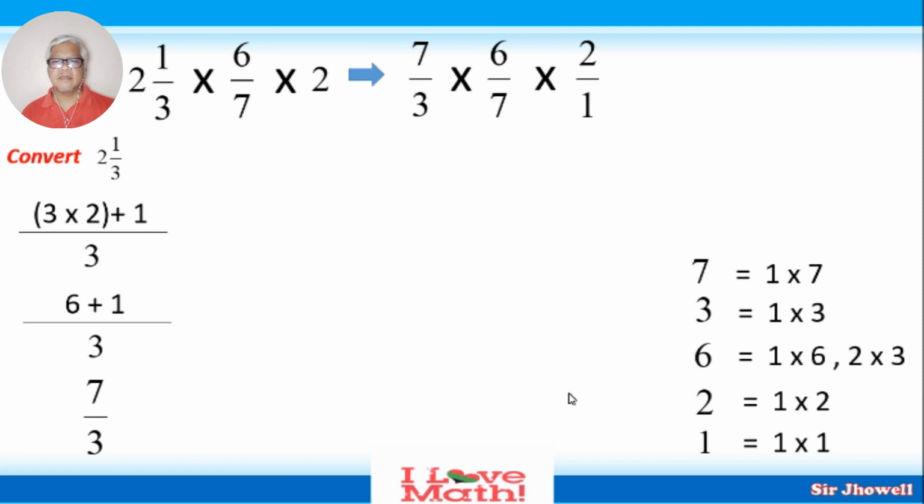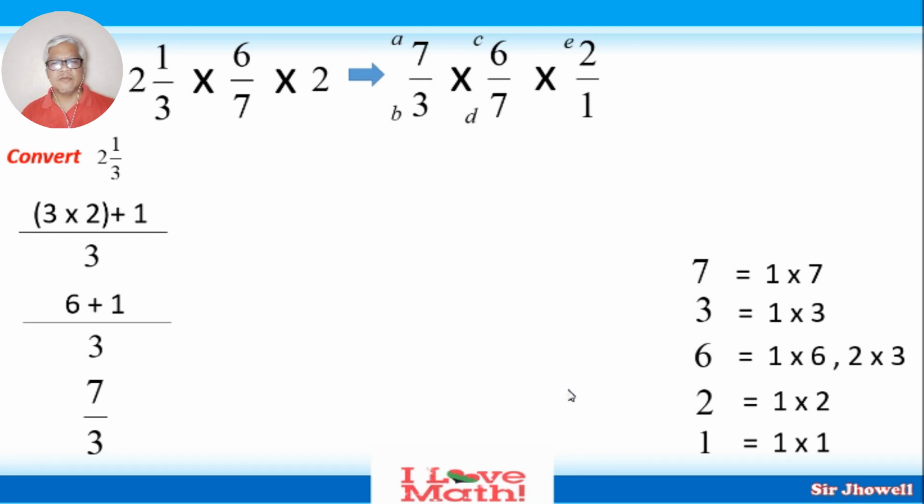Okay? Now, tingnan natin. Ilan yung given fractions sa problem? 3. So, ibig sabihin, hindi na lang ito A, B, C, D, kundi magkakaroon na rin tayo ng E and F. Alin ang A? 7. Alin ang B? 3. Alin ang C? 6. Alin ang D? 7.